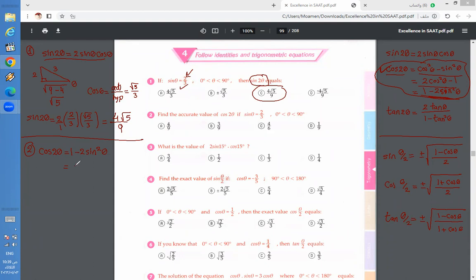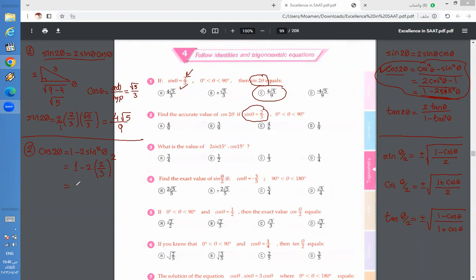So I just write 1 minus 2 and open bracket, with this bracket to the power 2, and the value of sine is what, Hussam? 2 over 3. Okay, so I just write 2 over 3 and then complete.